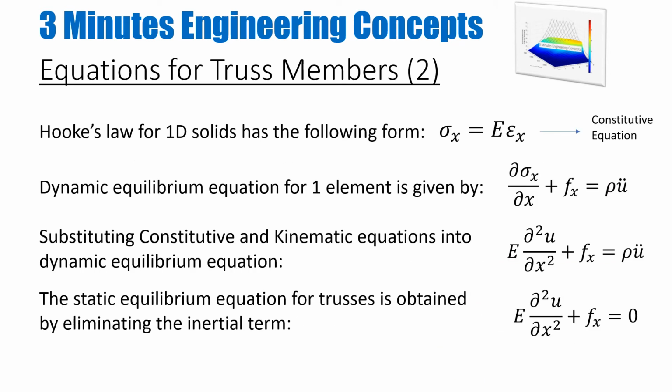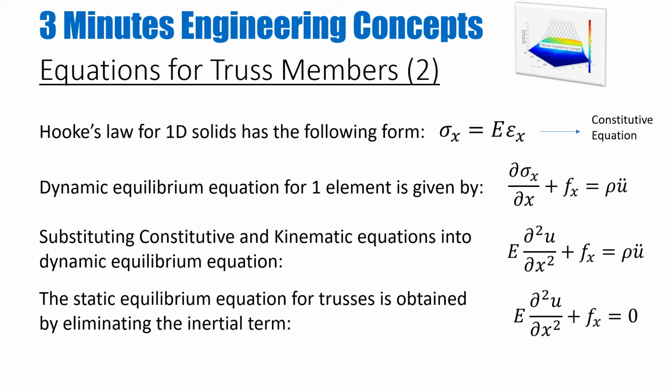Since we now know the relationship between the strain in the x direction and the displacements using the kinematic equation, the next step is how to compute the stresses in the x direction. To compute the stresses, the fundamental relationship you always come across is called Hooke's law, which says that stress is directly proportional to strain in the elastic regime.